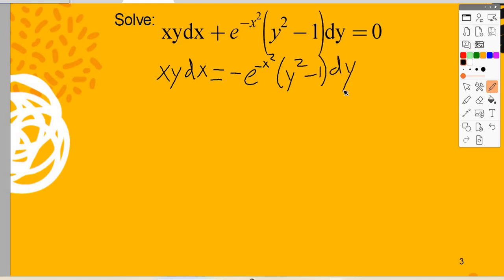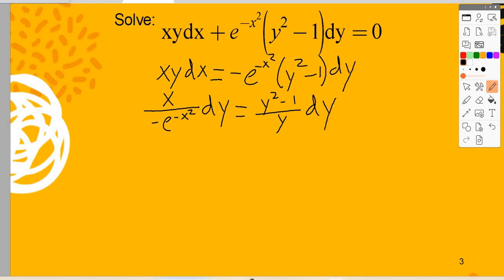And then notice that I want to divide by a negative e to the negative x squared. And I need to divide by all y. So it's looking less yucky. But we can actually make it look even less so.